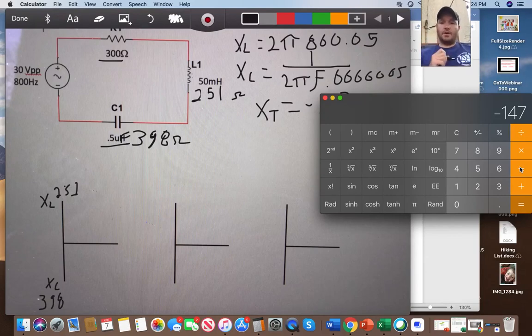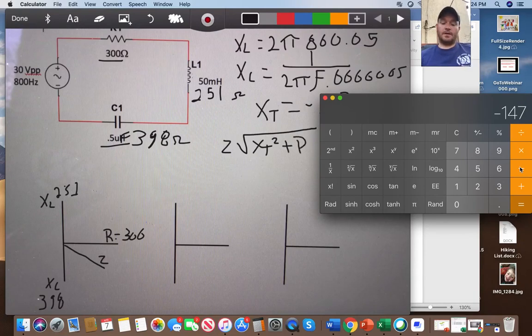The next thing we want to get is our Z. We know our phase angle is down here, so we want to know what our Z is. Before we do that, we should put that our R is 300. My formula for Z, in this case, is the square root of X total squared plus R squared. Remember, this X total is made up of X of C and X of L, the subtraction of those. Because we're squaring it, it doesn't matter if you put it in positive or negative, because it'll automatically come out positive.